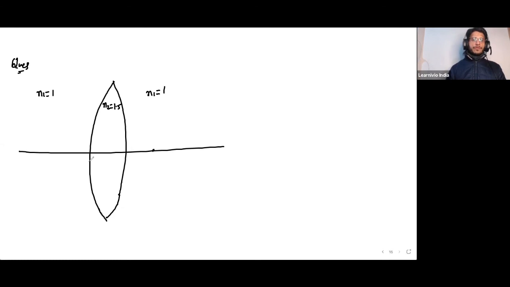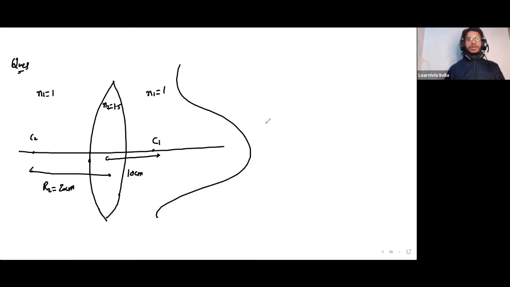The radius of curvature for the first surface is 10 centimeter, which is C1. And this is your second surface. This radius of curvature R2 is 20 centimeter. We should take all separations from here.